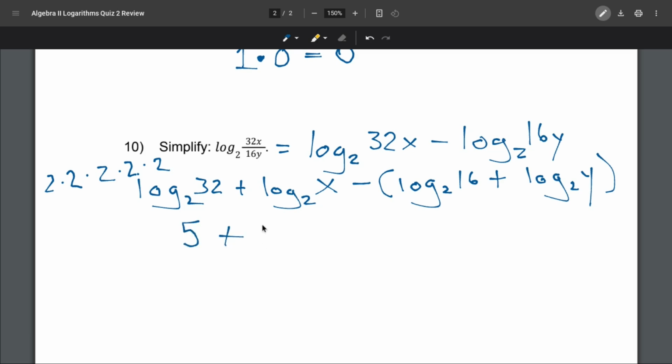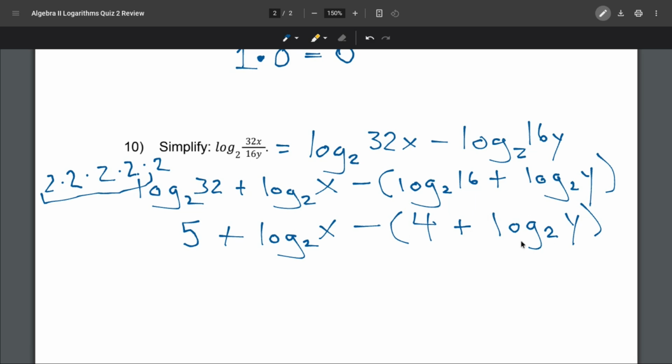We don't know anything about x, so we're going to say plus log base 2 of x, minus log base 2 of 16. Well, that's the first 4 2's you multiply together. Gives you 16, so that's going to be 4. And then we don't know anything about y, so we're going to do plus log base 2 of y.